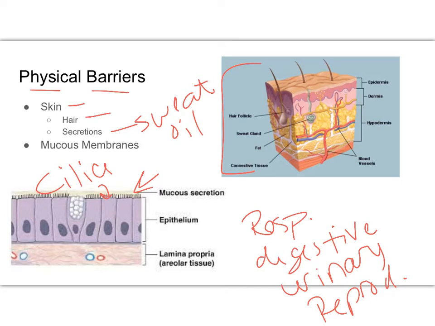Those cilia are going to help sweep the microbes that are trapped in that mucus secretion away from your body. For instance, in the respiratory tract, they'll sweep it up out of the lungs, out of the trachea, out of the throat, so that it will then go down, if you can swallow it, into the digestive system, and it can get broken down. So these are your physical barriers that are non-specific.